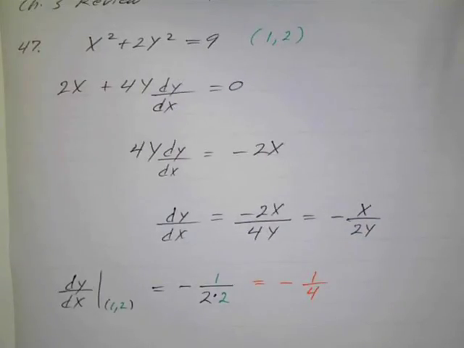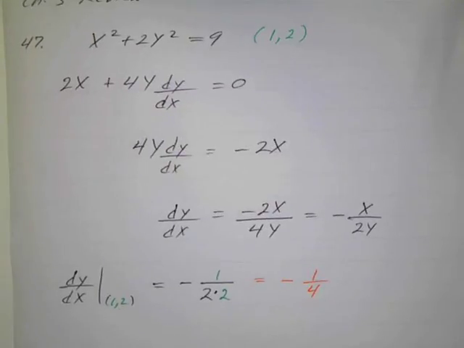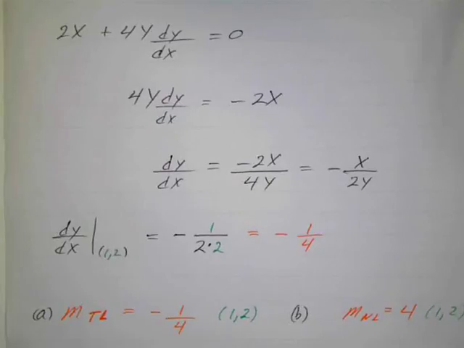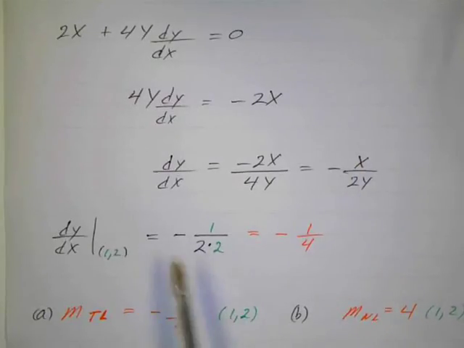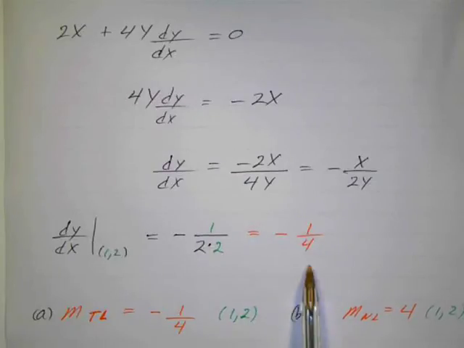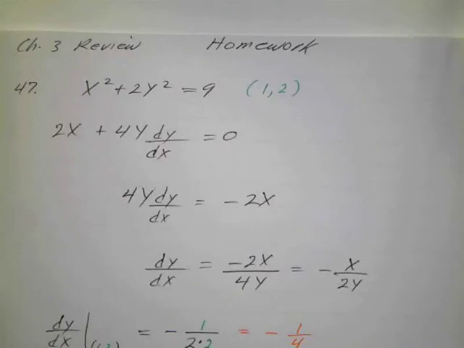So that's our derivative. And then I want to evaluate that at the point (1, 2). So we just put 1 in here for x and 2 in here for y. So negative 1 over 2 times 2, which is negative 1/4. So there's the slope of the tangent line. And we've got our point. Our point was (1, 2).